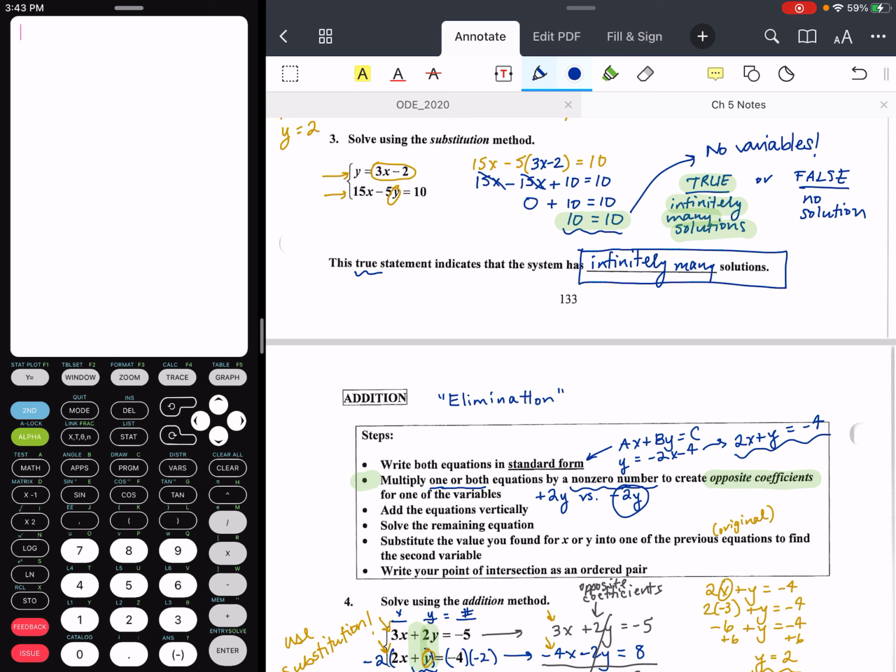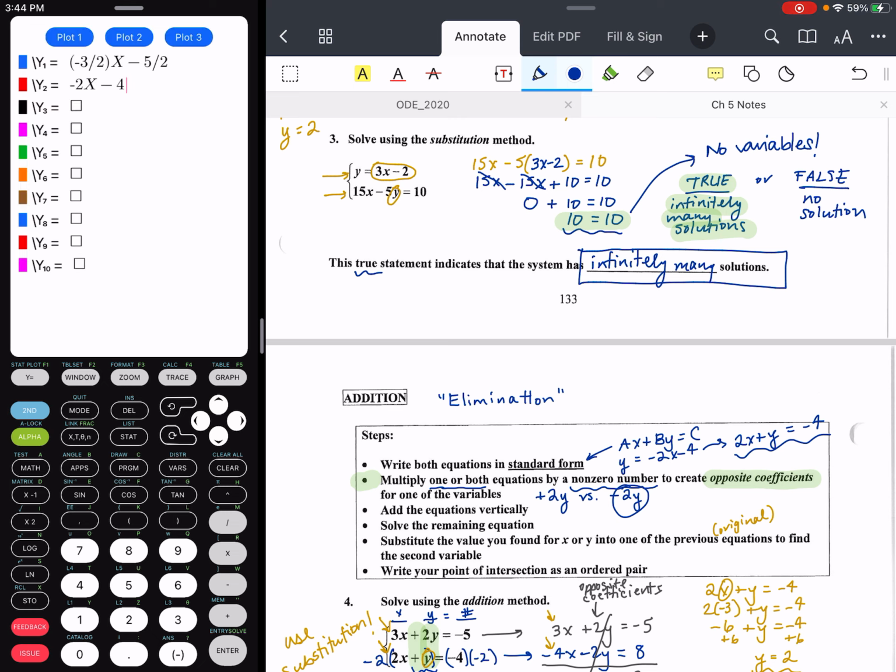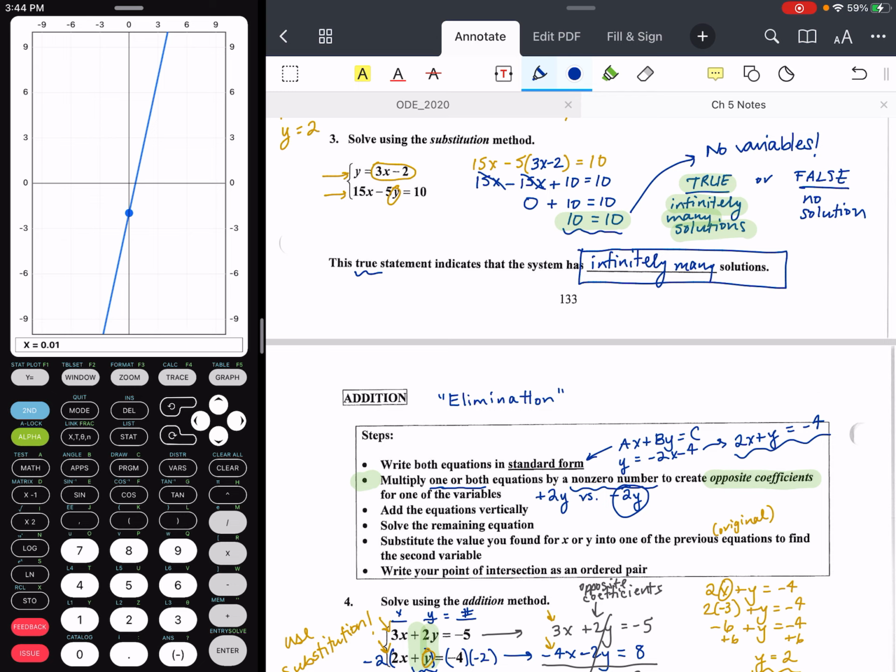So my first equation, I can see that I've got y equals 3x minus 2, right? So let me go ahead and graph that. Y equals 3x minus 2. So that's what that line would look like. So y-intercept of 0, -2, and then a positive 3 slope. And then if I were to solve my second equation for y, so minus 15x, this gives me -5y equals -15x plus 10.